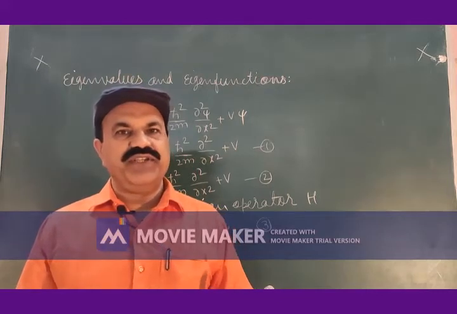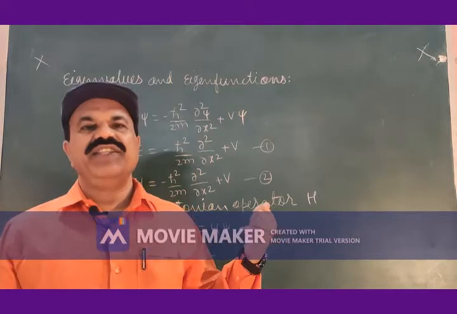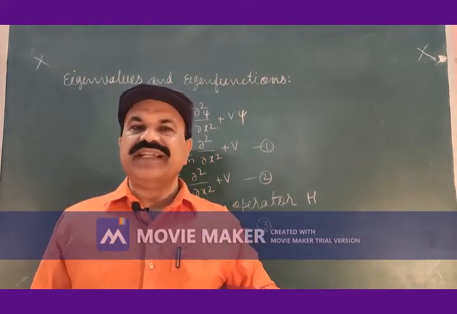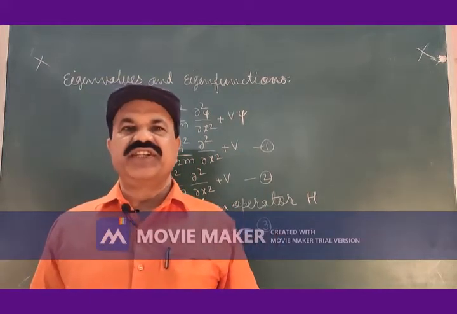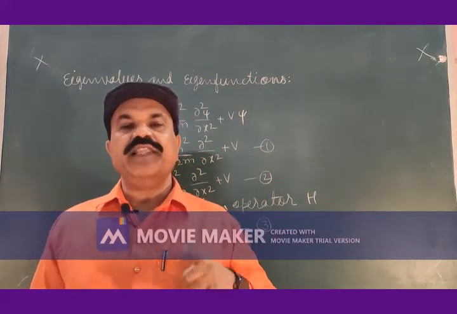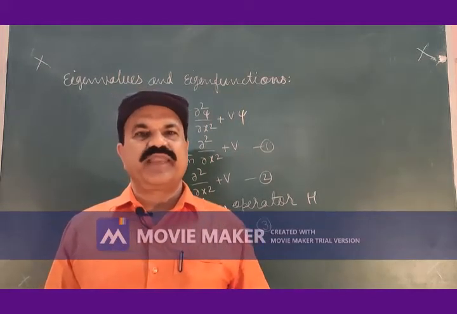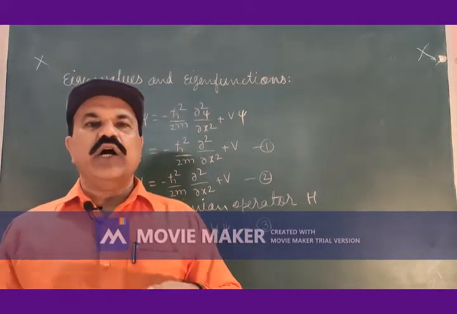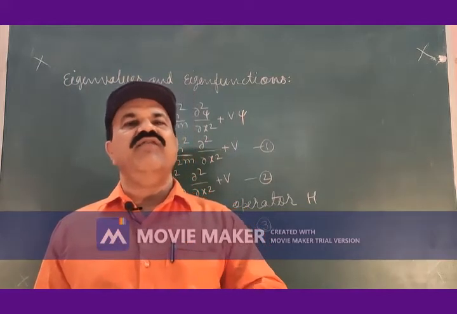How should the wave function psi obtained after solving the Schrodinger equation be? The wave function should obey the Schrodinger equation, it should obey the boundary conditions for the particle in motion, and it should also fulfill all the requirements of an acceptable wave function.